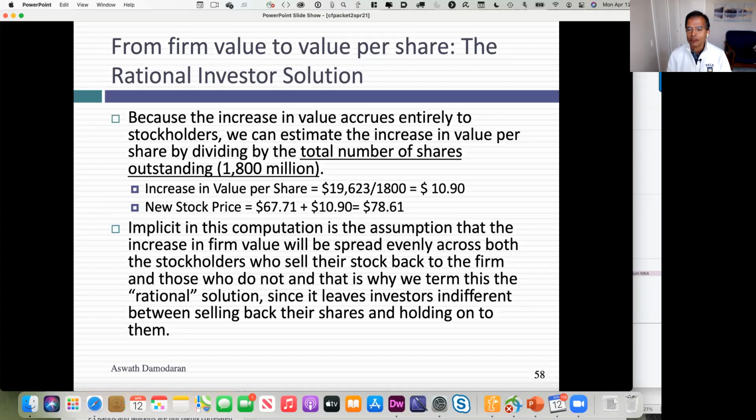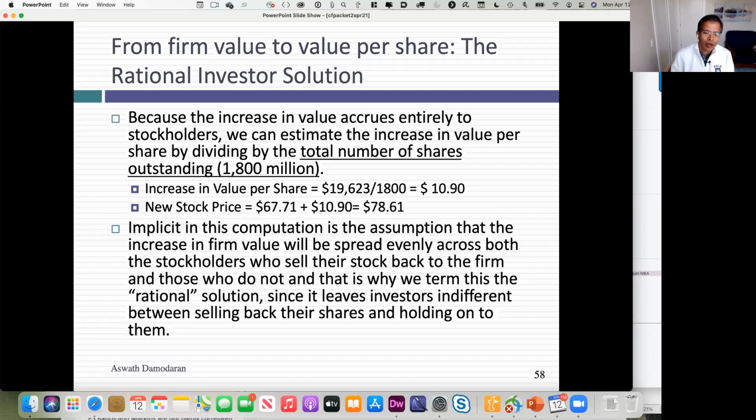She's going to get $10.90 more per share than the price is today. But if you choose not to sell your share, guess what you're going to find the price to be after this is all done? You also will get the $10.90 increase. Everybody will get the same share of the increase in value. And that's why we call it the rational solution, because nobody's being made better off or worse off.